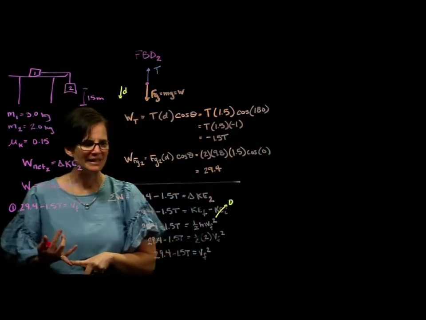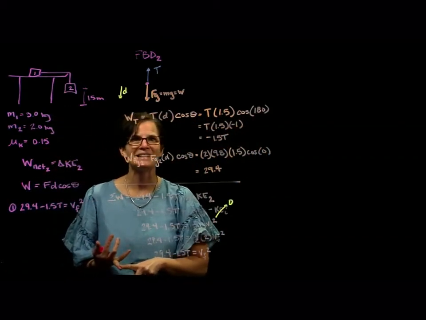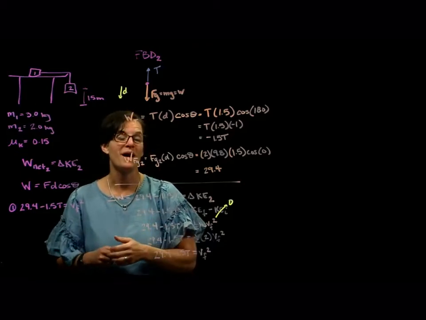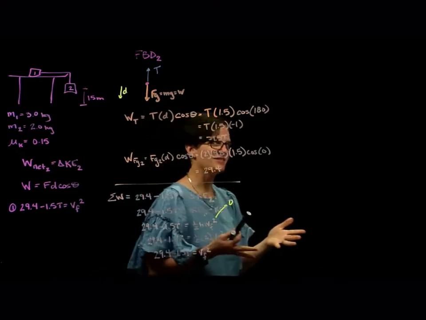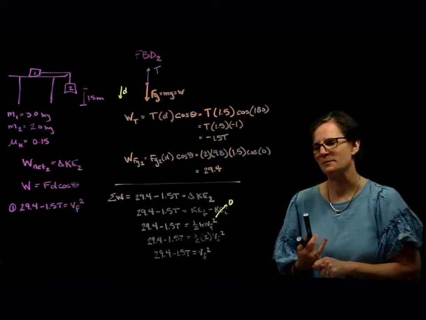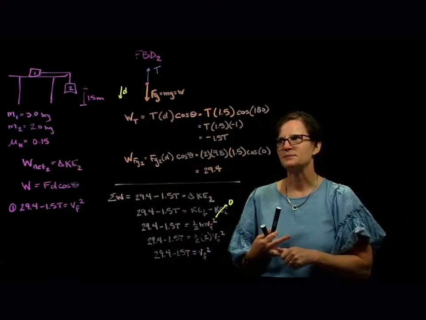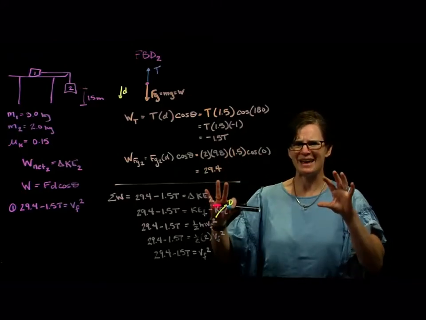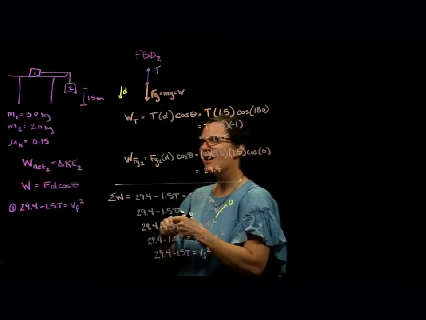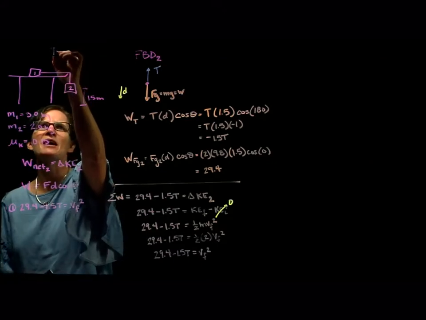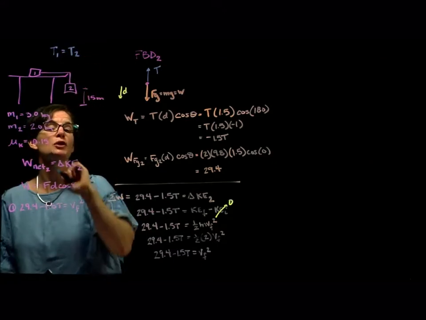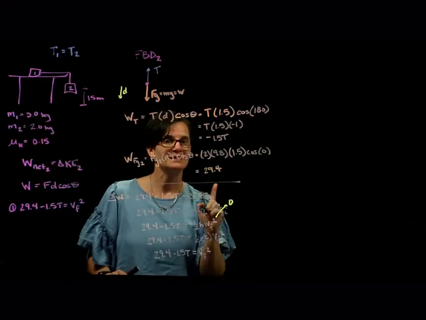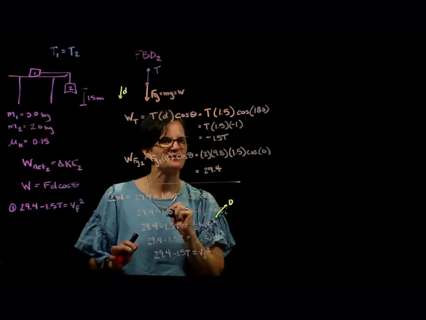So is T related to anything else? Yeah, T is the same tension for block 1. That is the same rope. It's non-stretching rope. So we have T. That maybe I can look at block 1. What about V final? Well, block 1 and block 2 are moving together. So not only is T on block 1 equal to the tension on block 2 in magnitude, directions are slightly different.